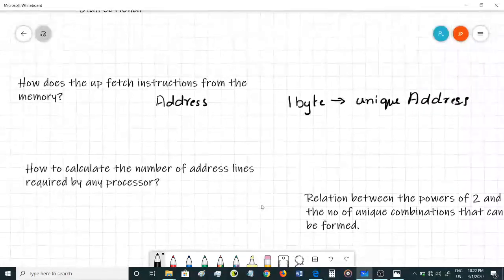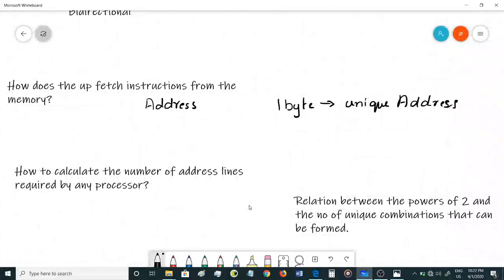A bus is basically a physical wire. On these physical wires you put either a logic 0 or a logic 1. Now logic 0 is 0 volts, logic 1 is 5 volts. For different processors it could be of different voltage levels, but for 8085 generally we use 5 volts. 5 volts represents logic 1.